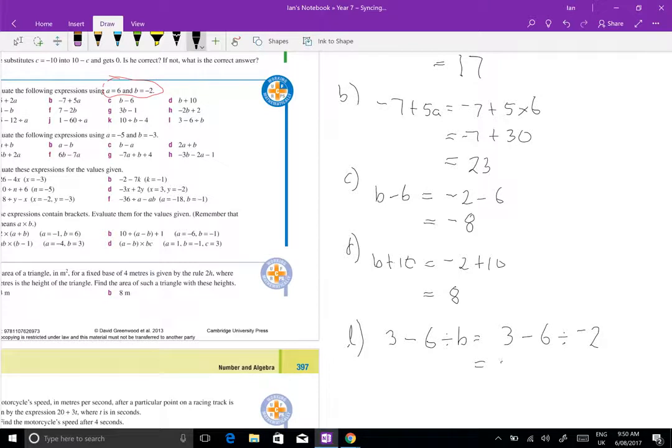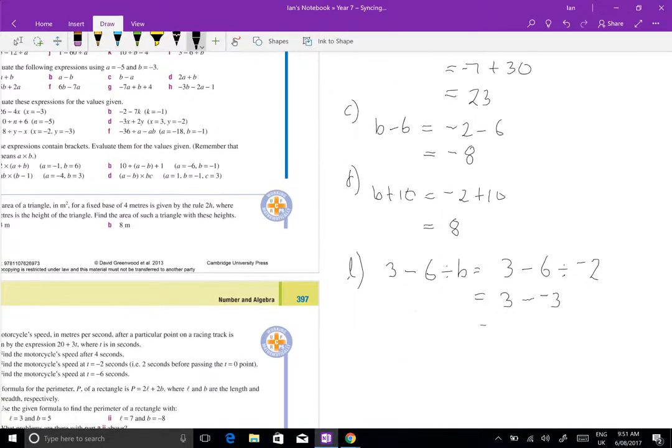I'll do the division first. Have to be careful here. I'm going to leave that minus there, and 6 divided by -2 is -3. And we remember from our directed numbers, that'll be 3 minus negative 3, we'll make that a plus 3, which gives me 6.